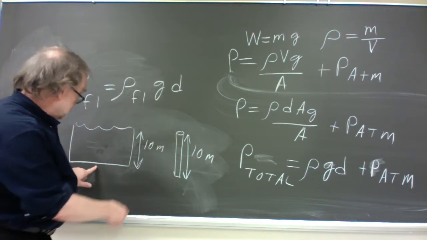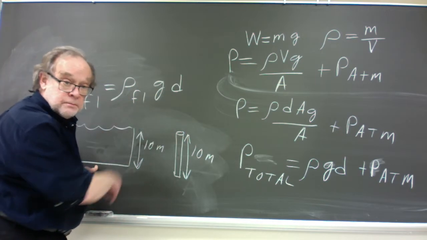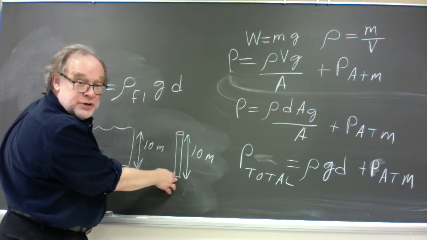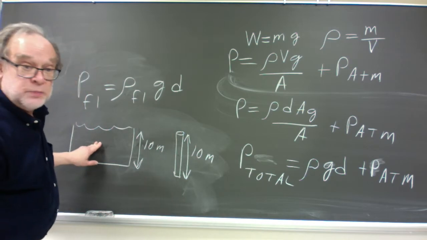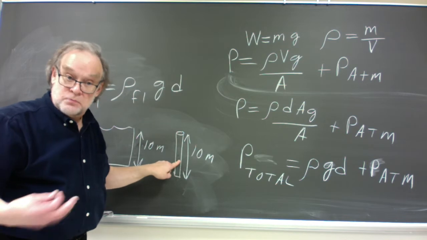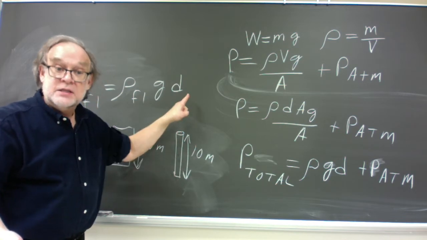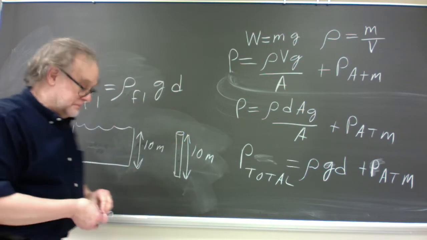So the pressure here at the bottom, due to the water above, is the same as the pressure here, even though the volume of water here is much, much bigger. And the volume here is really tiny, because pressure depends on just depth, not on the volume of water.